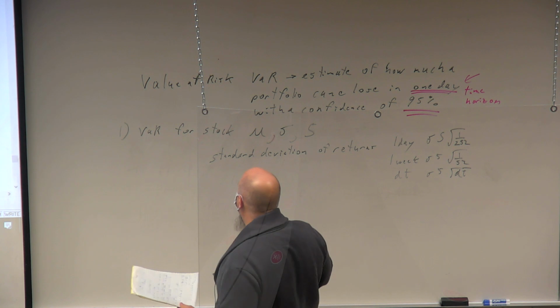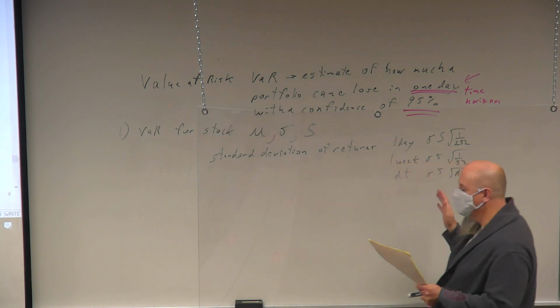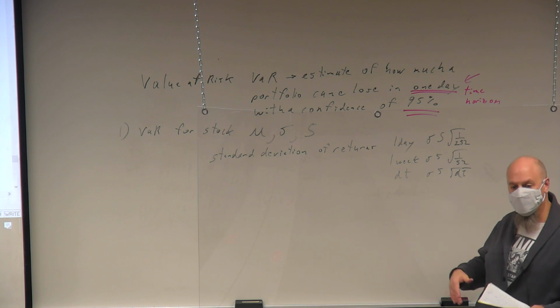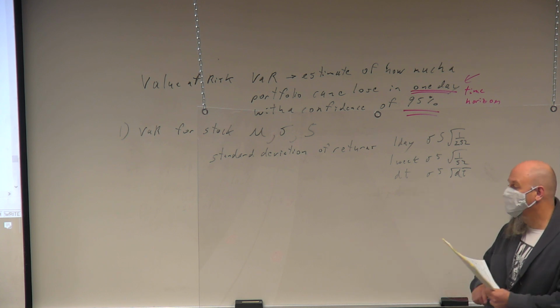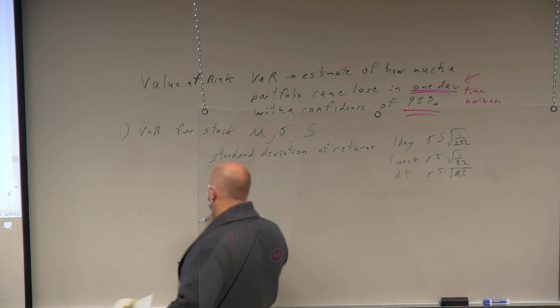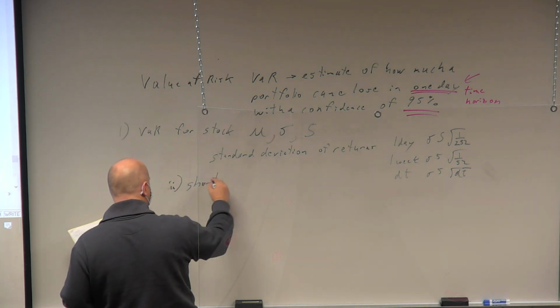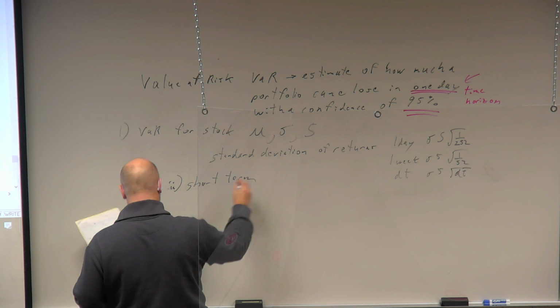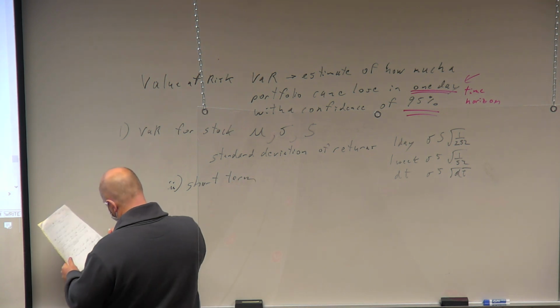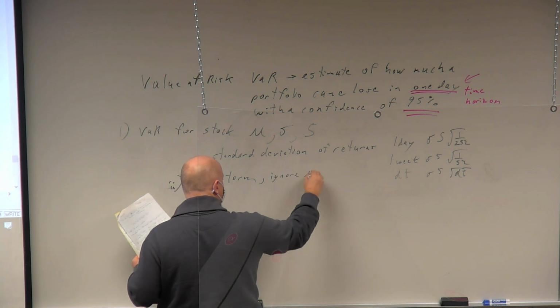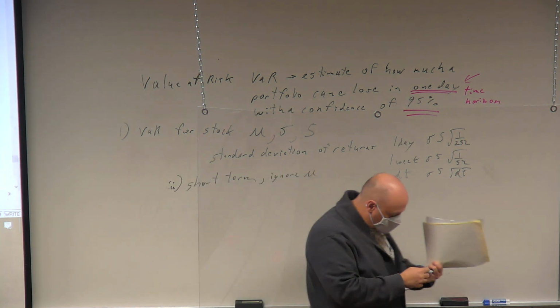So now I want to divide this up, I'm looking at it for a stock, but I want to divide it into two scenarios, short term and long term. Again, these are estimates. So for short term, I'm going to ignore the drift rate.